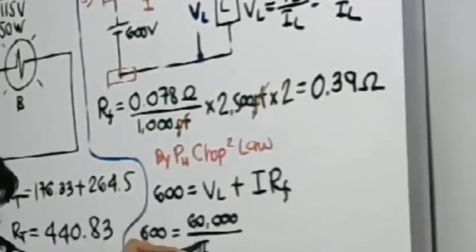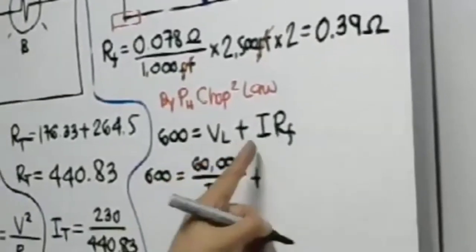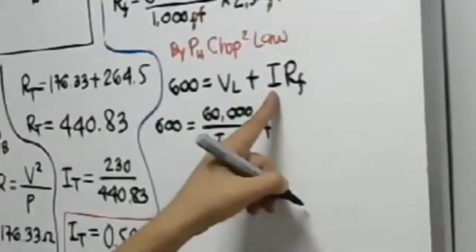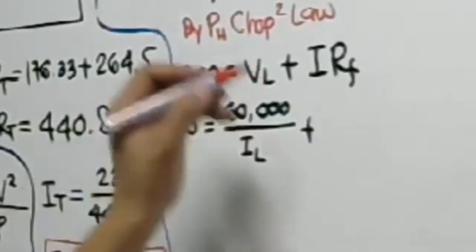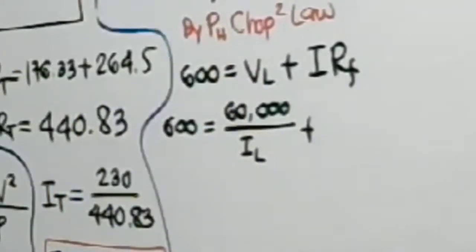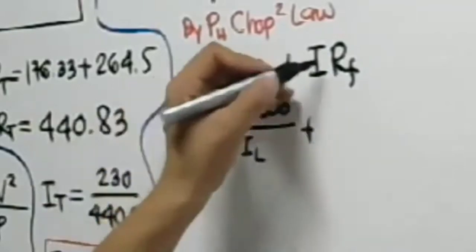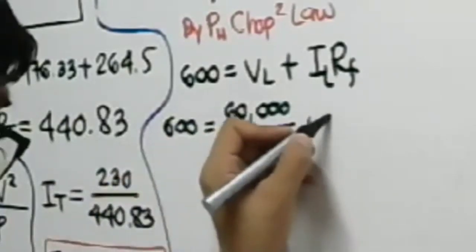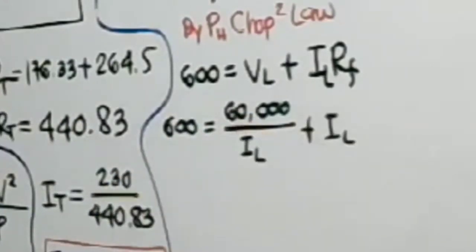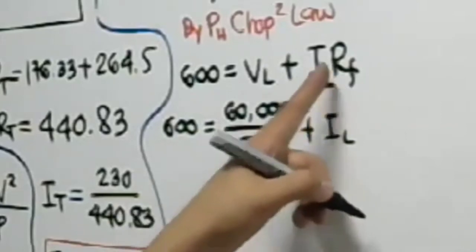And then plus, what is our I? Our I is actually our IL. Anyway, there is only one current flowing, so we have our IL. And then we have our RF.